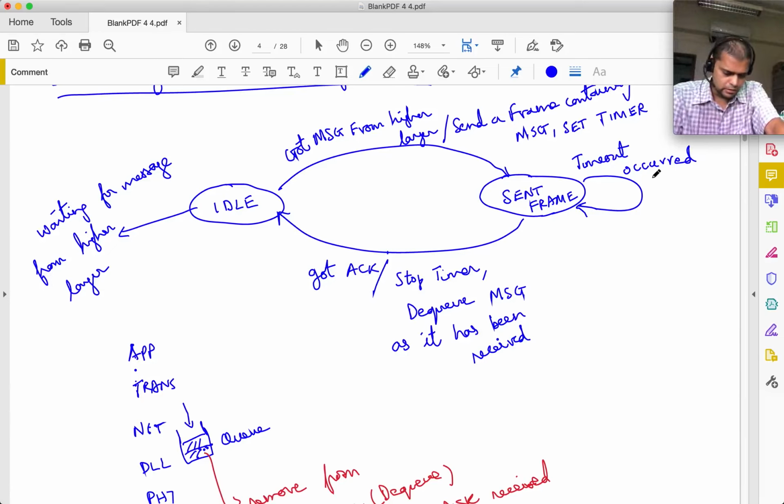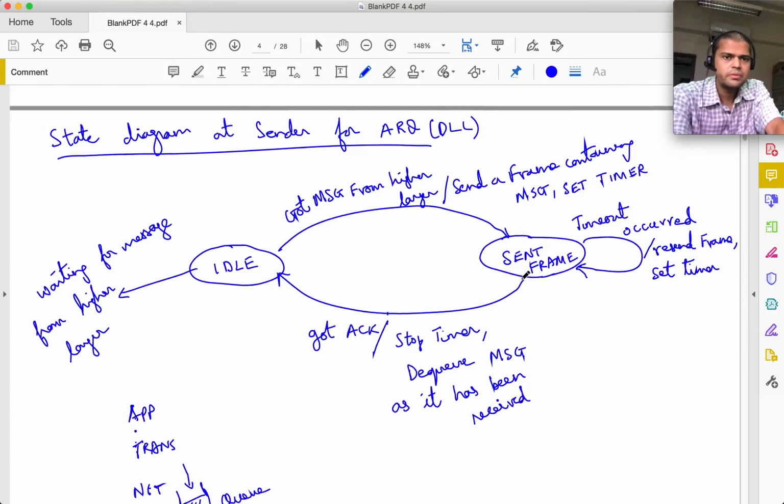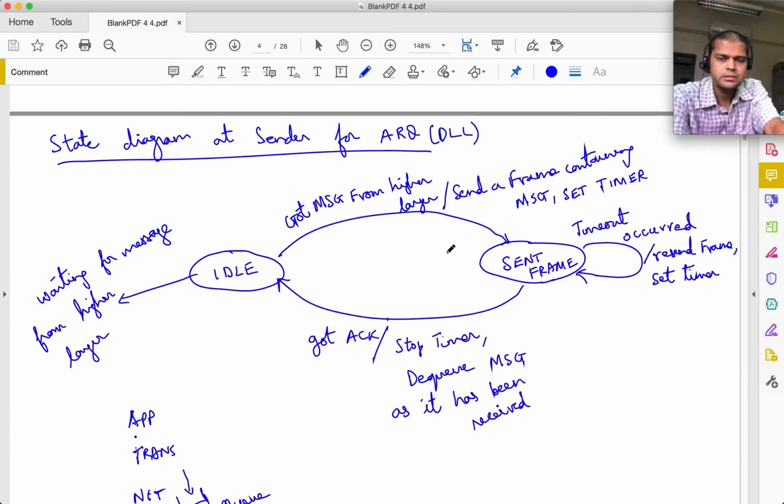We will resend the packet or resend the frame and set the timer again. And we go back to the sent frame state because again we are waiting for the acknowledgement. Okay, so this is what the protocol would look like, the state diagram at the sender.